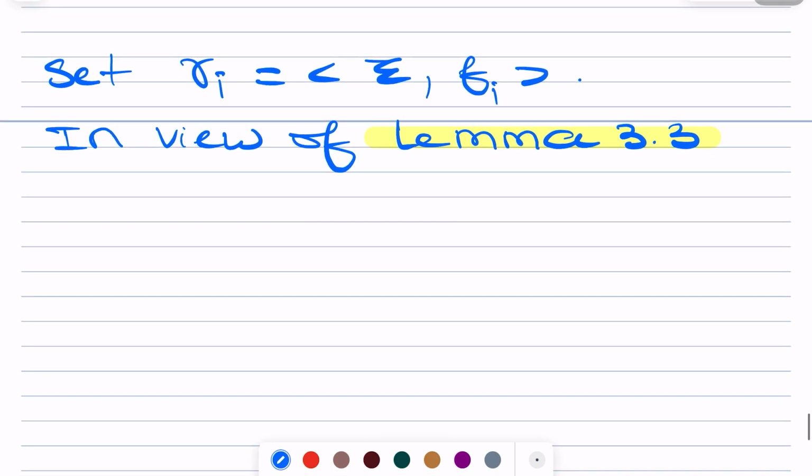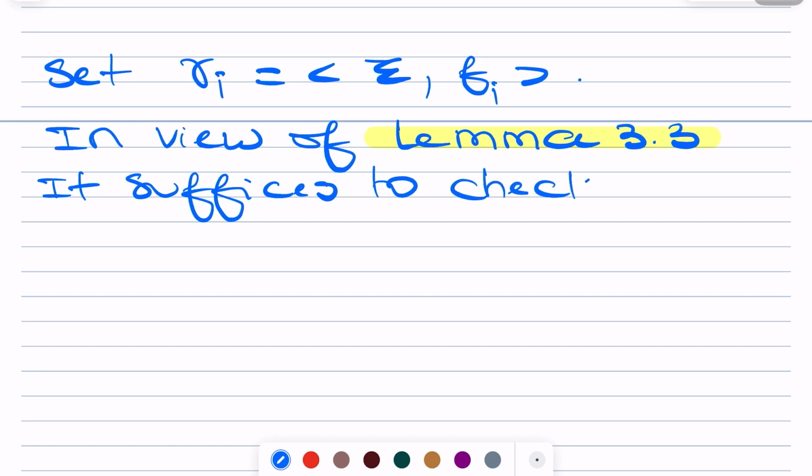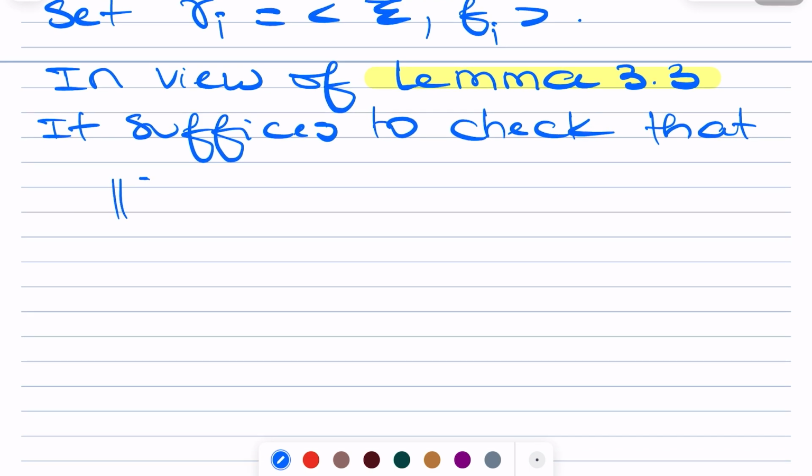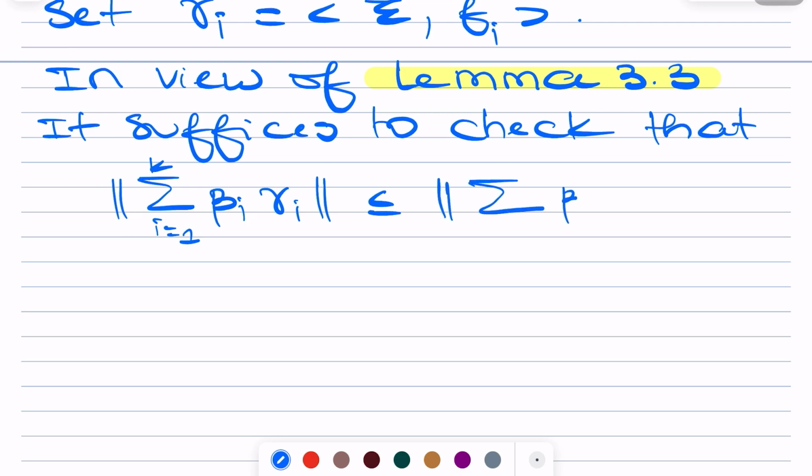So it suffices to check that the norm of the operator norm here, because gamma i, that this norm of the sum of beta i gamma i is less or equal than the norm of the sum of beta i fi, i moving from 1 to k.